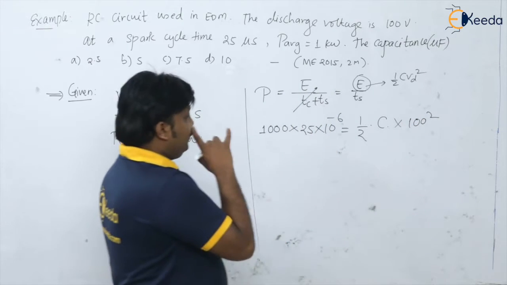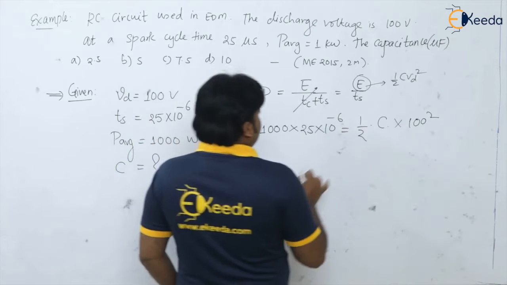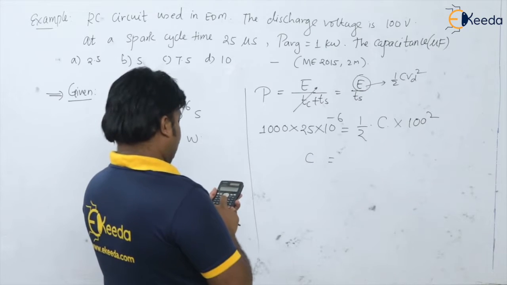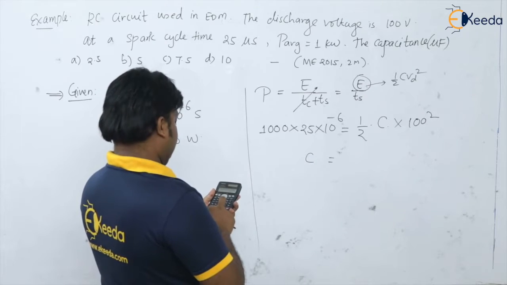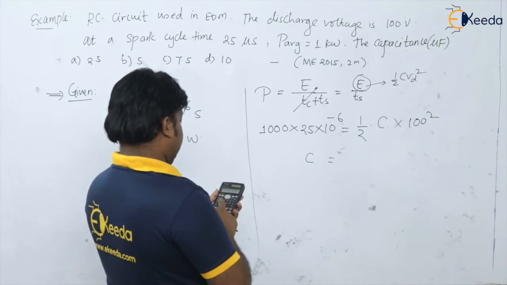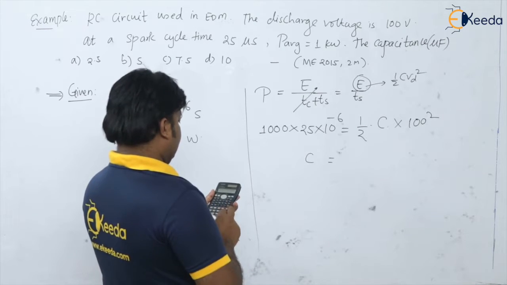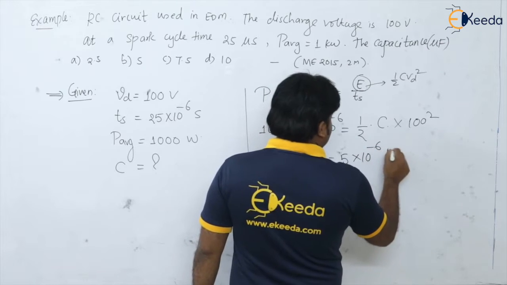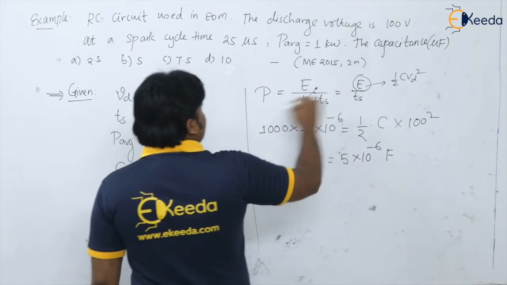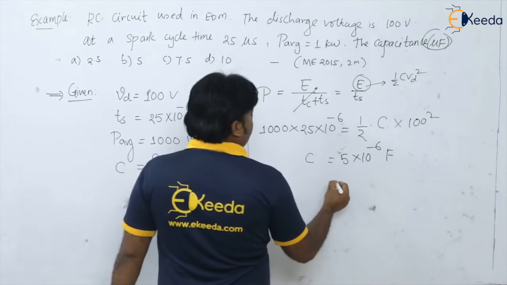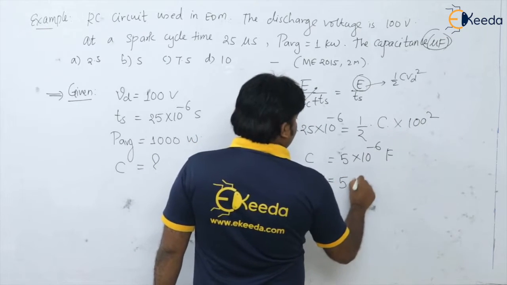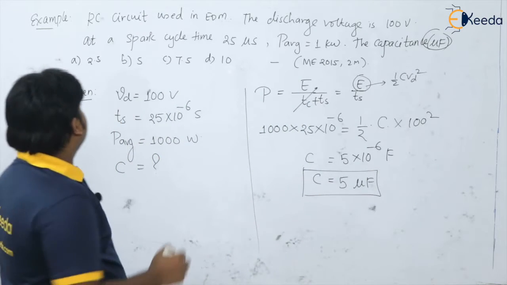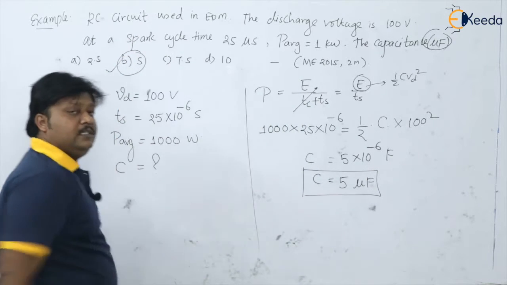If you solve this, C will be 50,000 divided by 100 divided by 100. So it will be 5 into 10 to the power minus 6 farad, but they are asking in microfarad, so it will be 5 microfarad. So yes, option B is correct.